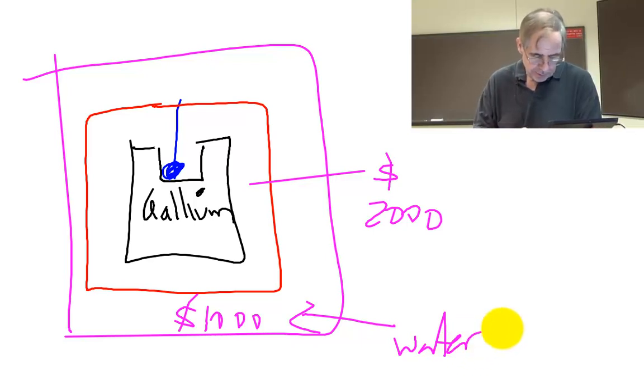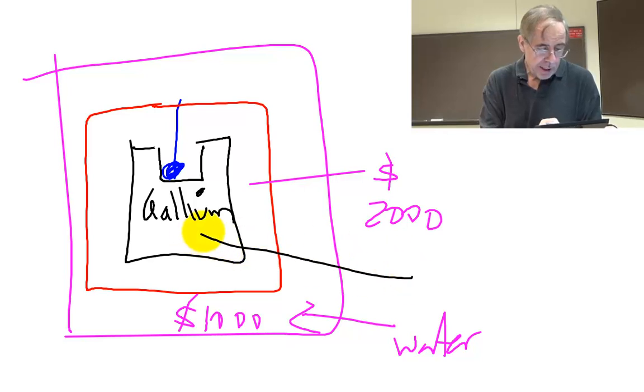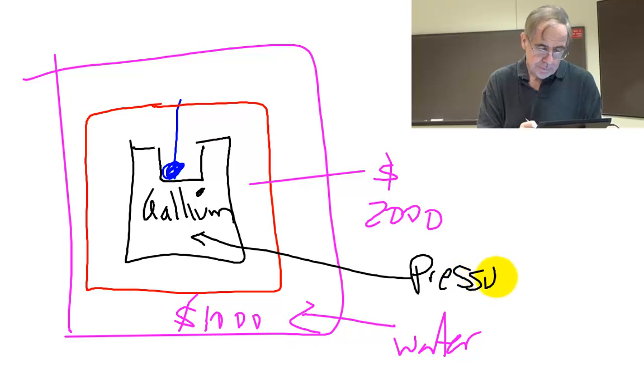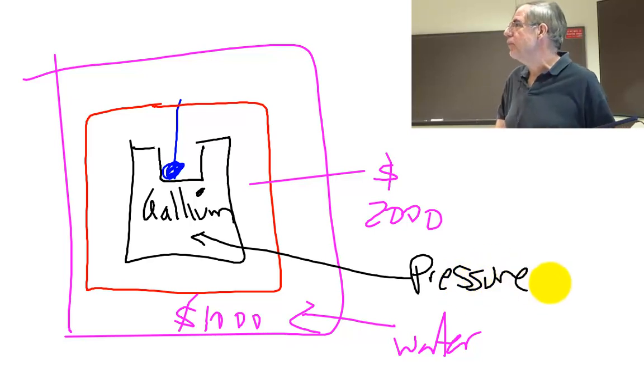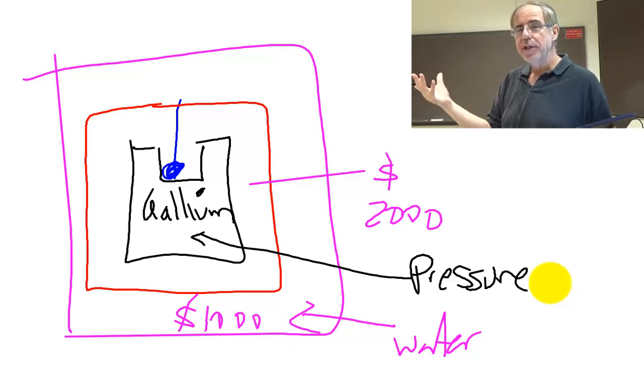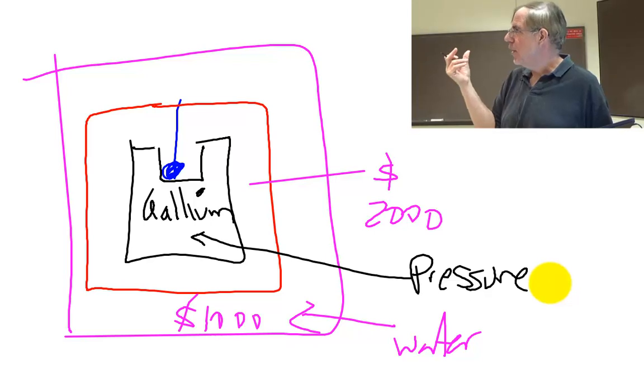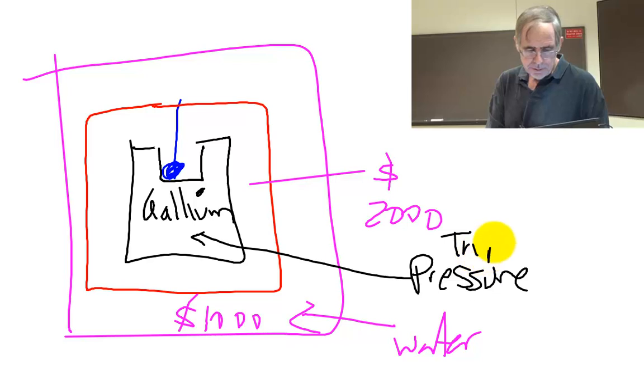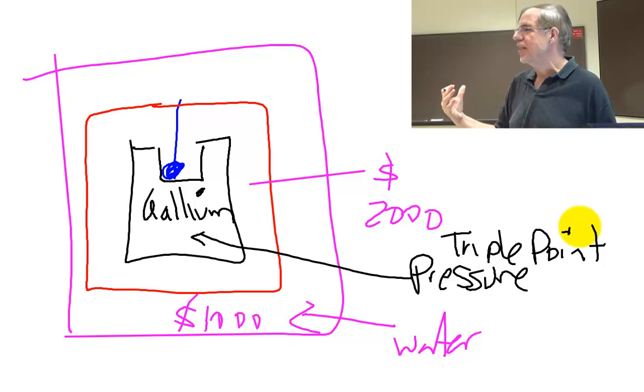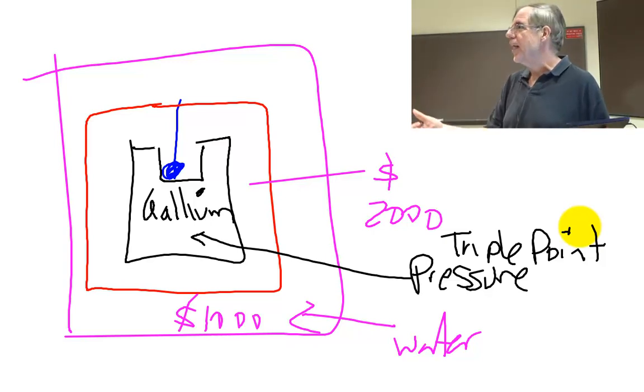The fun part's coming. What I do, this is under very large pressure. You know what happens to an object if you put it under a lot of pressure? The melting point and the freezing point come together. It's called a triple point, an object that exists in all three phases at the same time: solid, liquid, and gas.